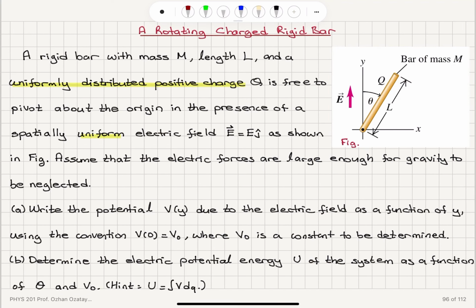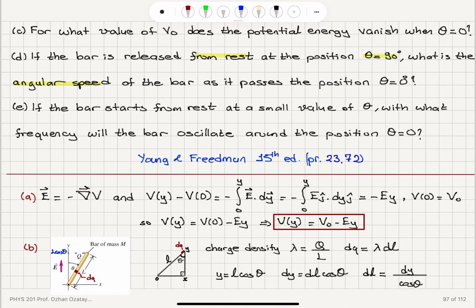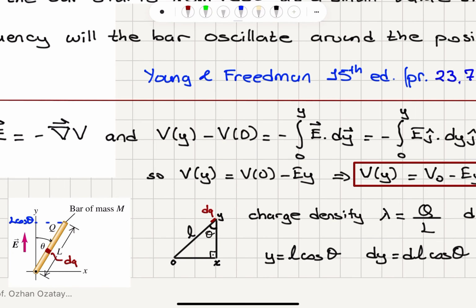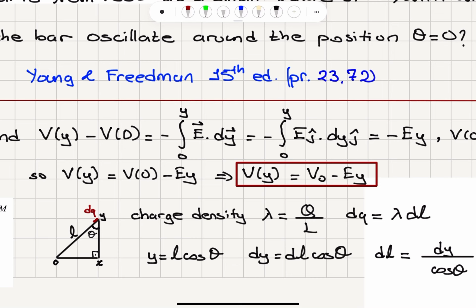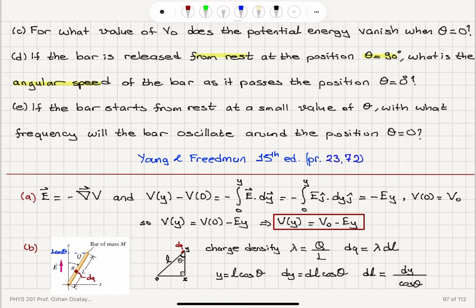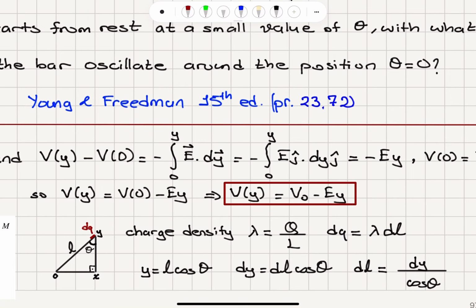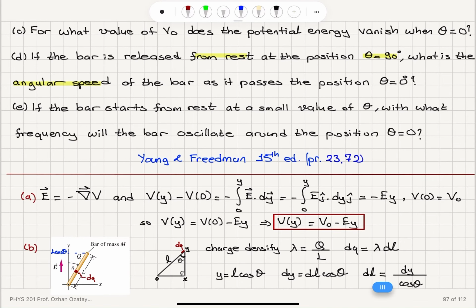In part B, we determined the potential energy of the system as a function of theta and V0. For that, we do this integral V dq, where dq is lambda dl, where lambda is capital Q over capital L, the uniform linear charge density, and y is equal to L cosine theta, so dy is dl cosine theta, so dl is dy divided by cosine theta.